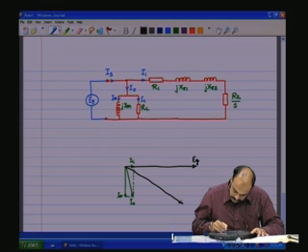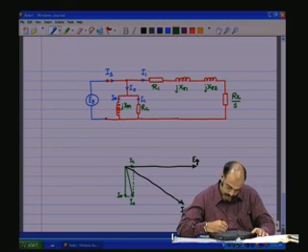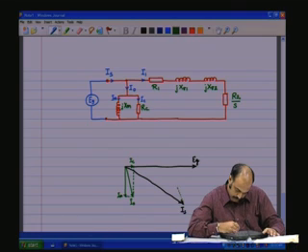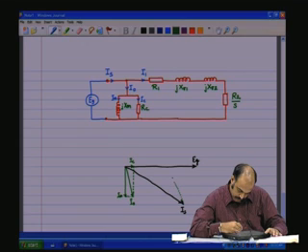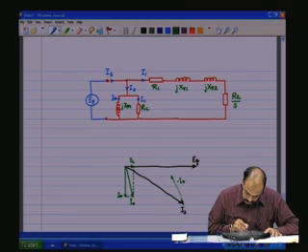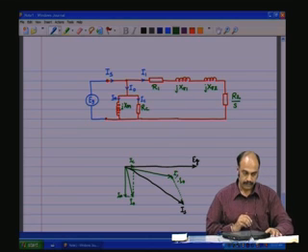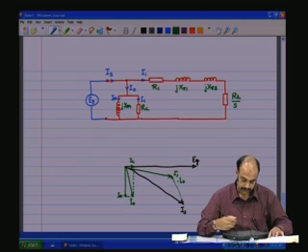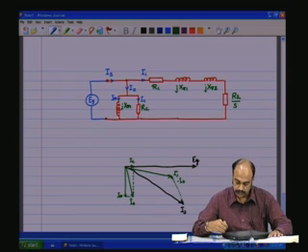So we have this IS. We take parallel of I0, minus I0 will be I1. So that is I1. So this is how the vector diagram would look like in the case of the induction motor.